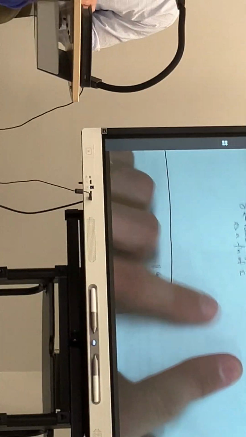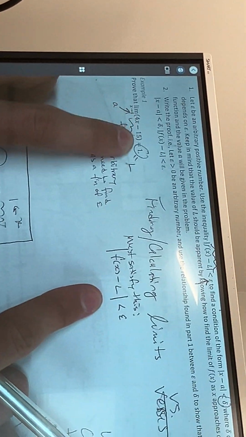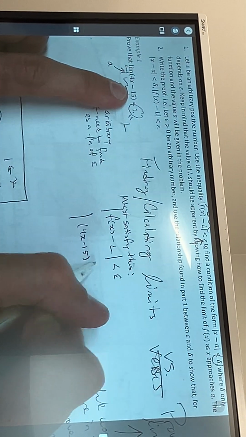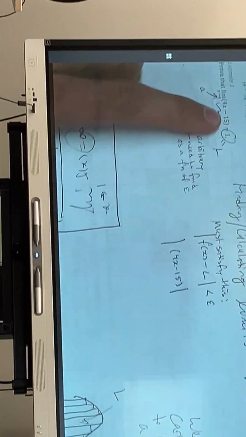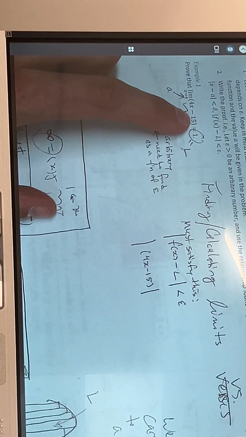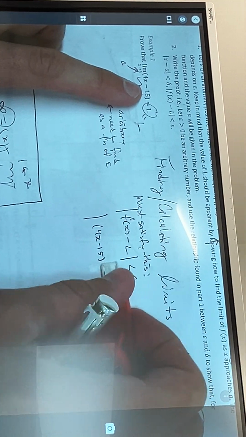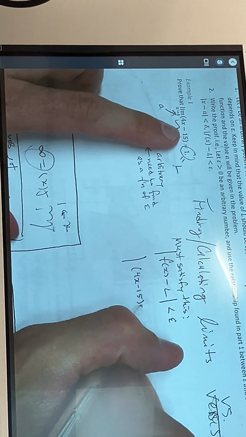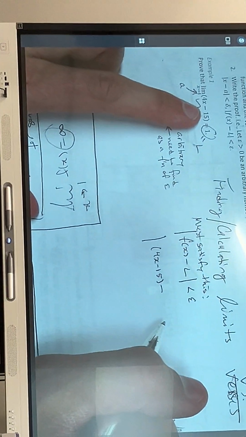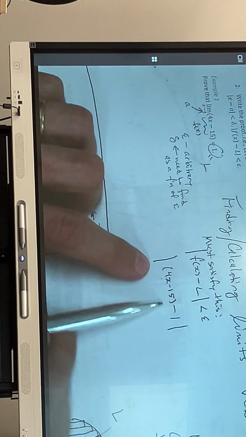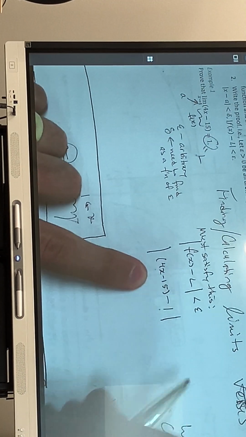And we can plug in all the stuff that we have, because f of x is 4x minus 15, minus L. L is 1. So the difference between the function and 1 needs to be less than epsilon.